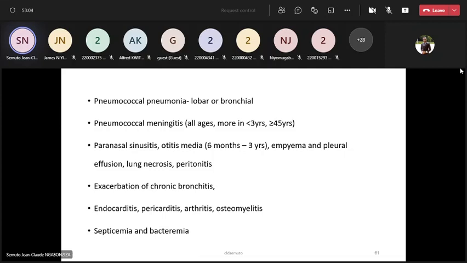It can cause lobar or bronchial pneumonia. Meningitis is more common in younger children or older age groups. It can cause otitis, sinusitis, empyema and pleural effusion, lung necrosis, exacerbation of chronic bronchitis, endocarditis, septicemia and bacteremia.